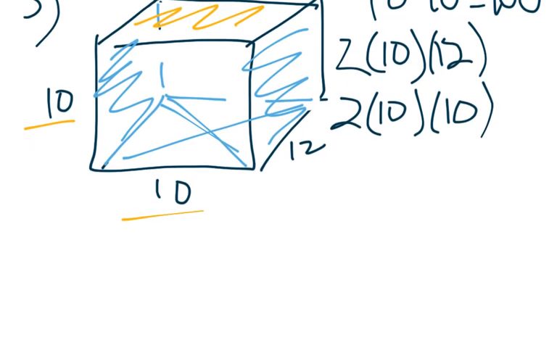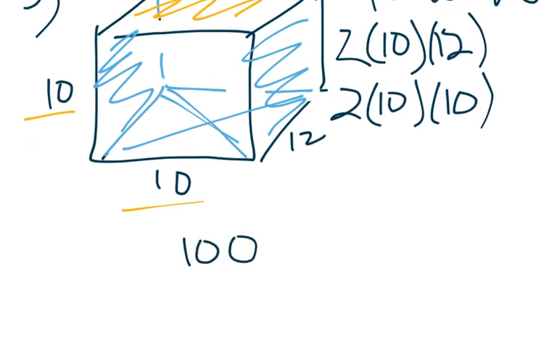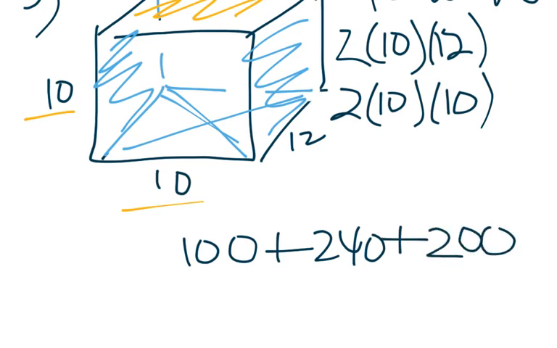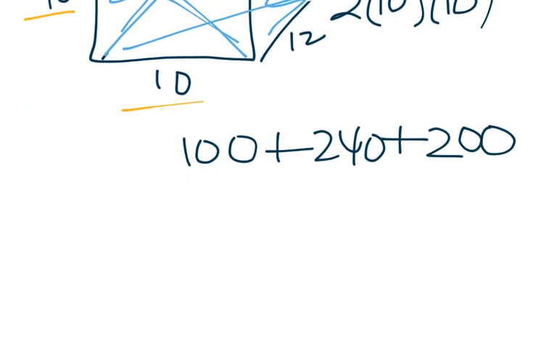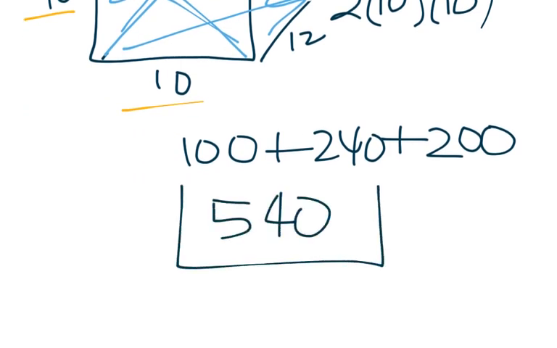So we have 100 plus 10 times 12 is 120, times 2 is 240, plus 10 times 10 is 100, times 2 is 200. So when we add all of this up, we have 540. So he is going to be covering 540 square feet in paint.